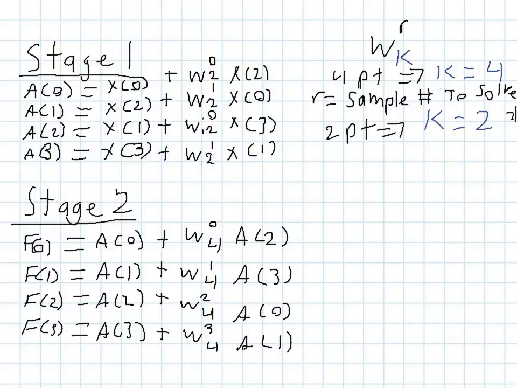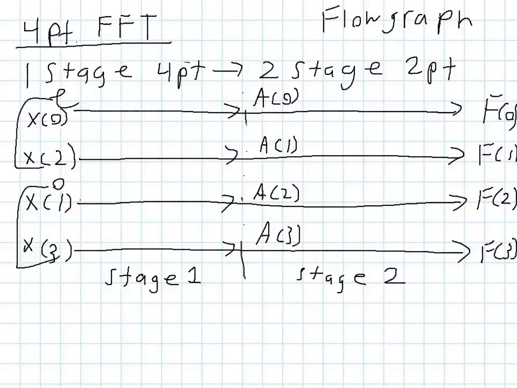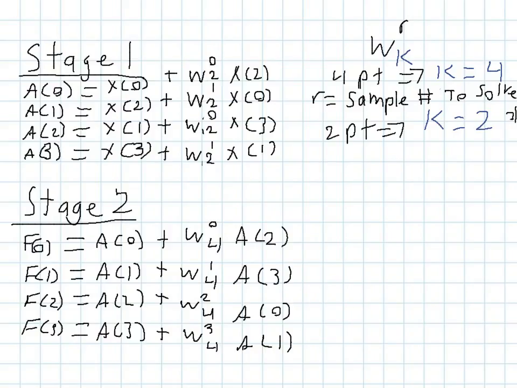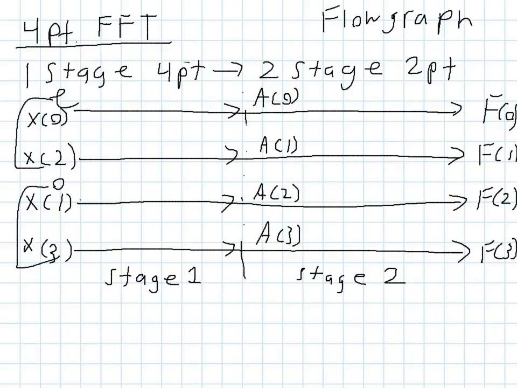So to find our 0 of 1, we're going to have to do a straight addition of x of 0, and then add it with the multiplication of x of 2 with our twiddle factor. And the same will be when we find x of 1. It's going to be a straight map of our x of 2 with our twiddle factor of 1 of 2, of x of 0.